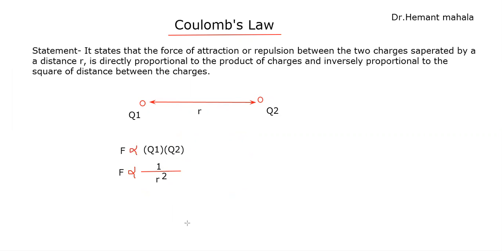Okay. Now combining these two relations, first one and second one, we can write F is proportional to Q1 Q2 and R square in the denominator.